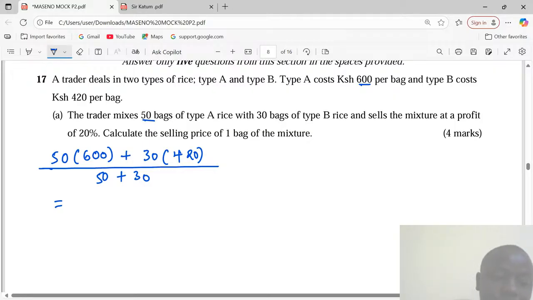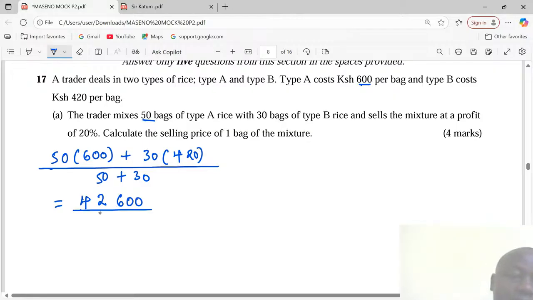We get a total of 42,600. 42,600 is the cost of the bags, which are 50 of type A and 30 of type B. Therefore, the cost of the 80 bags mixed is 42,600.